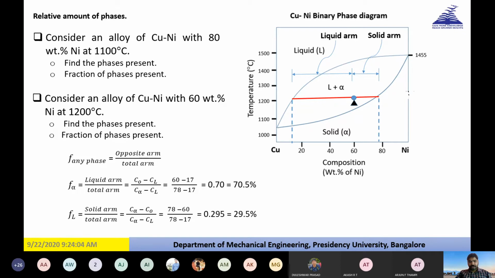So as of now we have discussed everything. The phase diagram tells three things: first, the phases present at a given temperature and condition; second, the composition of those phases; and third, the amount of those phases present in a given condition. I hope the things are clear to you.